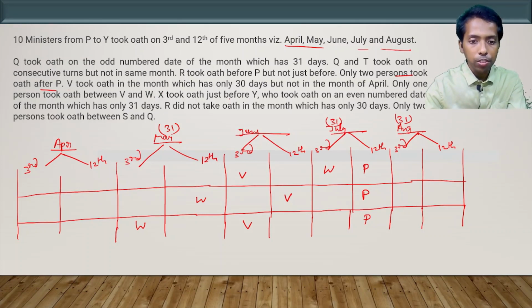X took oath just before Y, who took oath on an even number date on the month having 31 days. 31 days and 12 of that particular month. 12 is the date in a particular month that is having 31 days. Y is there, and just before that X. So X and Y are the two ministers having in the same month oath timing or the date, right?